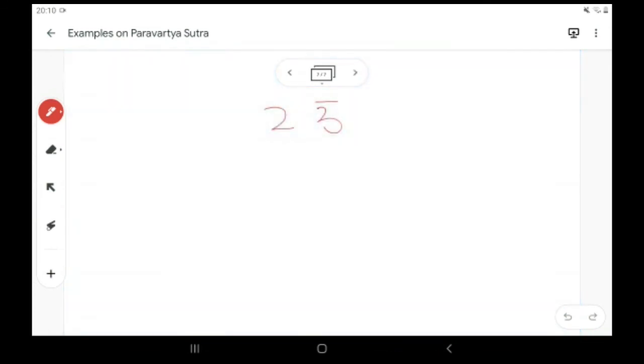So the remainder part will have 1 bar and 5 bar, and the quotient part will have 2, 3 bar and 2 bar. And we forgot to calculate the extra number of the divisor.